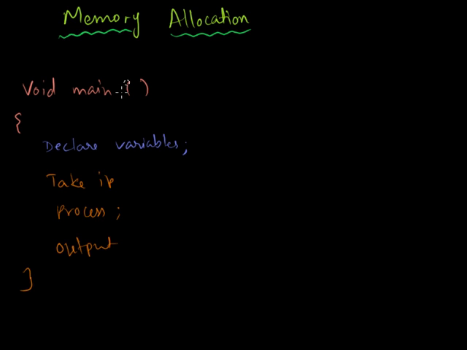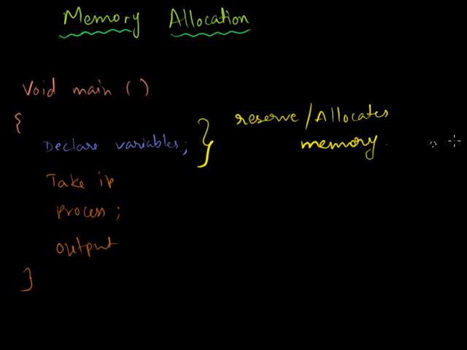Now what happens in this process? When you declare variables, the compiler reserves or allocates memory for your variables to store values. And whenever you declare variables at the start of any function or at the start of your main function, this memory is allocated at compile time.